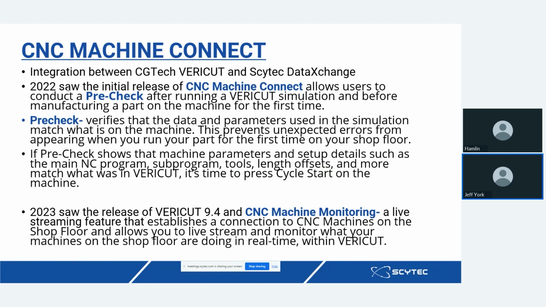This year, with the release of Vericut 9.4, we had the release of a new module inside of CNC Machine Connect, which is a live streaming feature called CNC Machine Monitoring. And CNC Machine Monitoring is a live streaming feature that establishes a connection to CNC machines on the shop floor that allows you to live stream and monitor what your machines are doing in real time within Scytec Vericut.